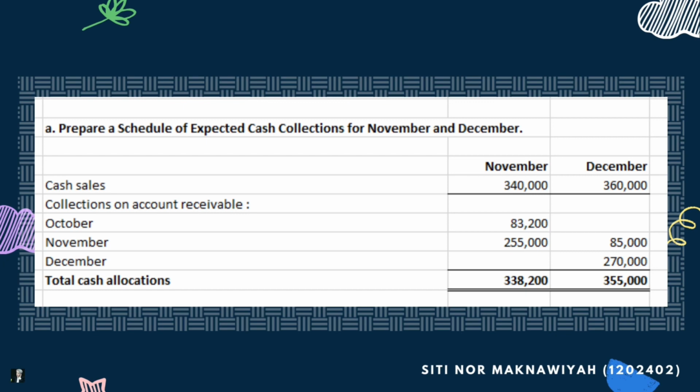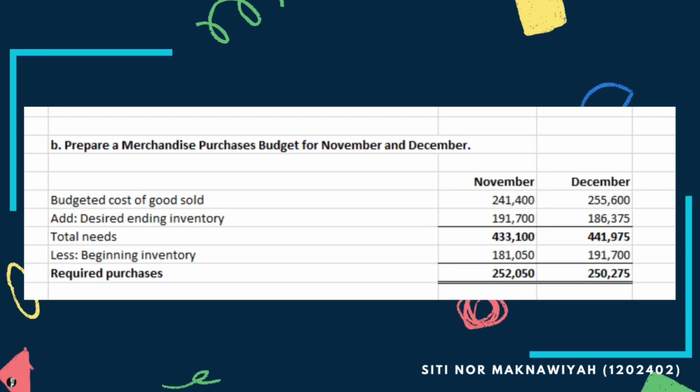Next, for December, the amount is 270,000 ringgit, by multiplying 360,000 ringgit with 75%. So for the total cash collection for November, we get 338,200 ringgit. Meanwhile, December is 355,000 ringgit.